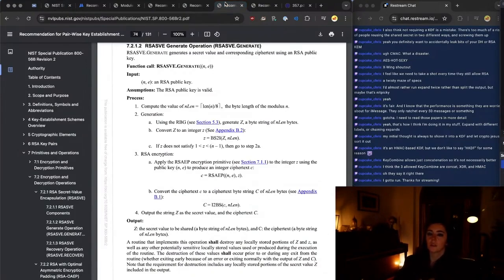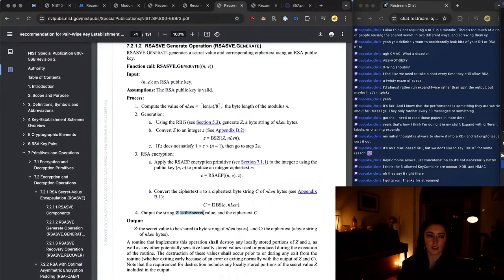Generate Z, code it. You literally just encrypt Z, quote, the shared secret. It's completely not dependent on the public key, and the commitment to the ciphertext is, I'm pretty sure, completely independent.